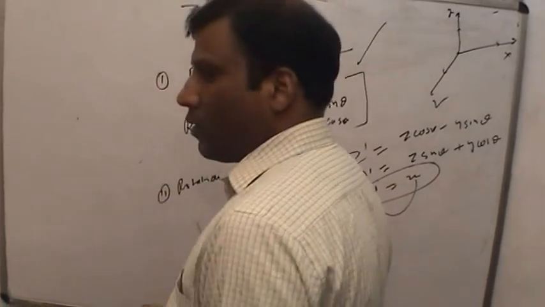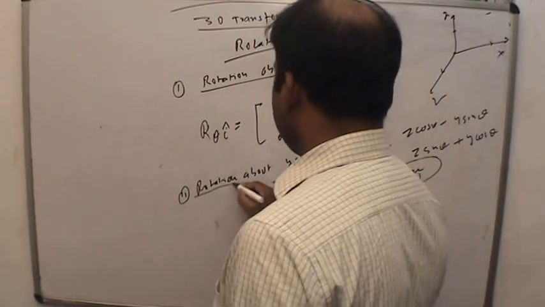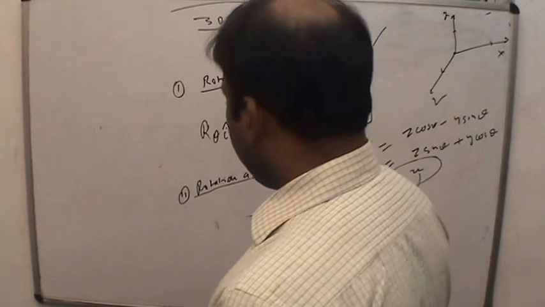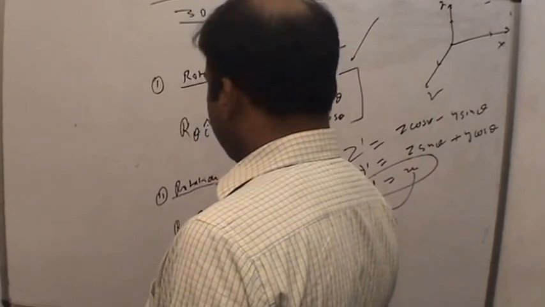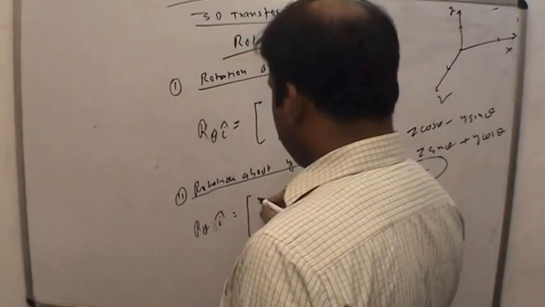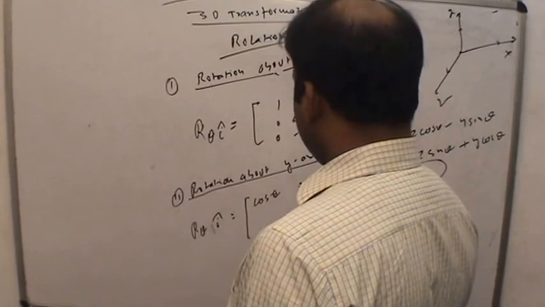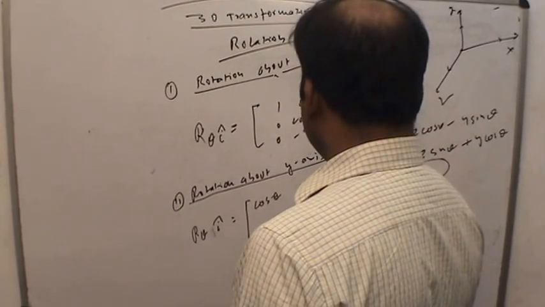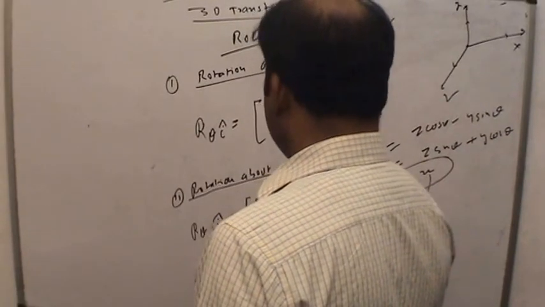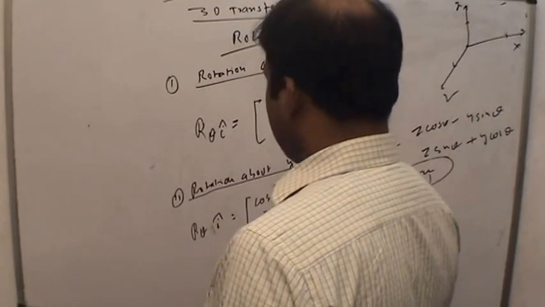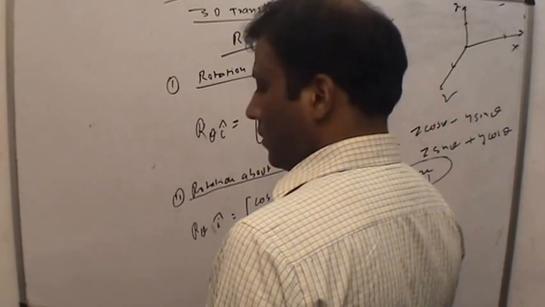Second, rotation about the y-axis. When you rotate the object about the y-axis, then R theta unit vector is equal to cos theta 0 sin theta, that means minus sin theta 0 1 0 and sin theta 0 and cos theta.